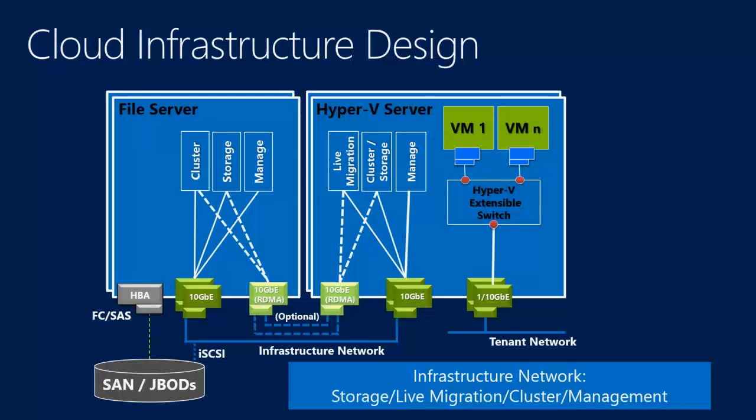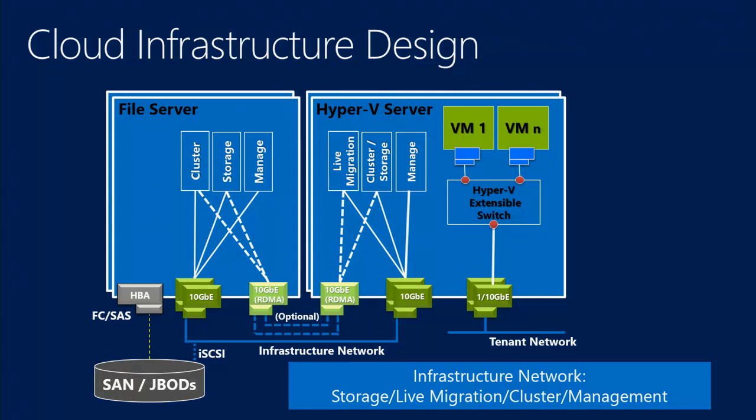The core diagram or the core setup for what we are going to demonstrate today is based upon this diagram, which Josh will go over in more detail, because he has an expansion of this diagram before he starts his demonstration. But basically, we have a file server and a Hyper-V server. Both are clustered.